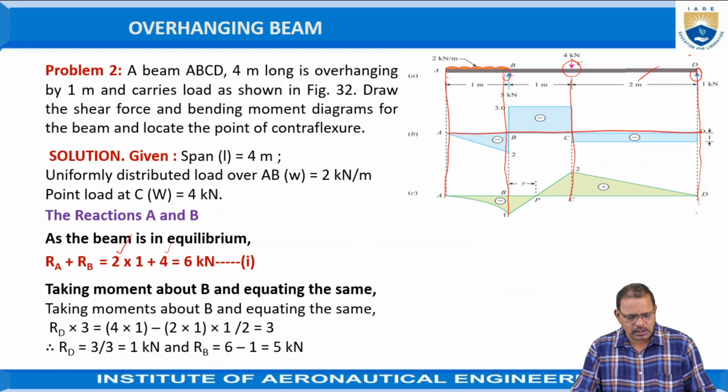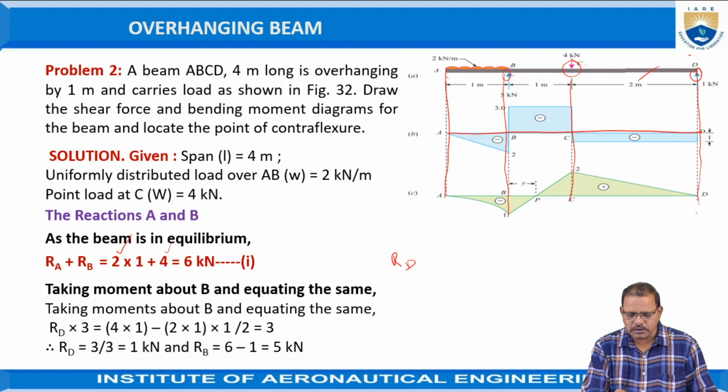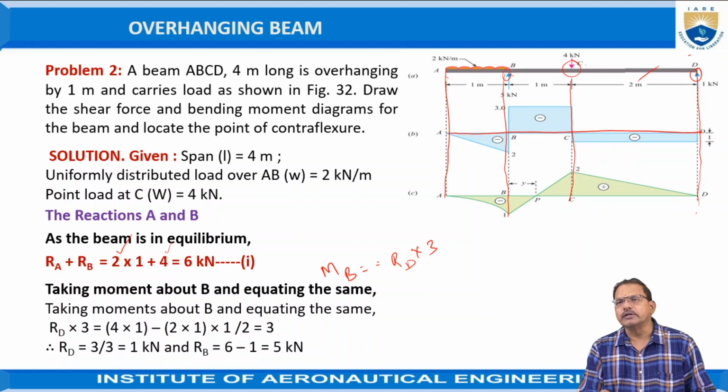Here we are taking the moments at a point, so MB should be equal to RD into the distance between B and D, which is 3. It tends to rotate in anti-clockwise direction, so positive. After that, the 4 kilonewtons force tends to rotate the body in clockwise direction, that is 4 into 1 meter, negative.